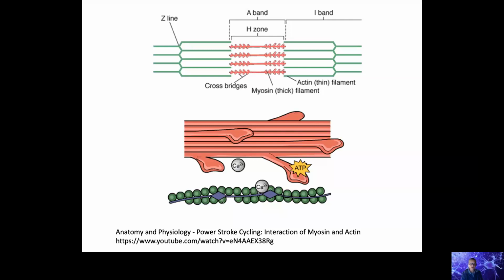The green lines show mostly actin, although they also are the color of the Z lines. And remember that the sarcomere runs from Z line to Z line. The bottom part of this diagram is great because it shows you actin with the active sites covered by the troponin and tropomyosin complex.